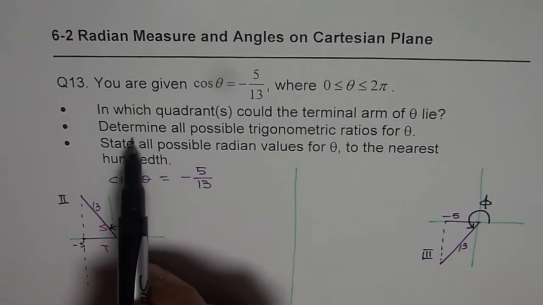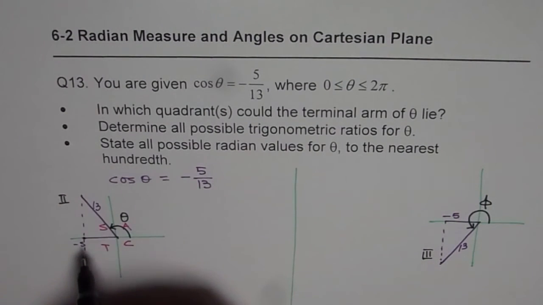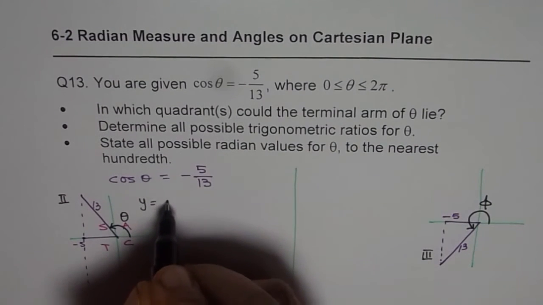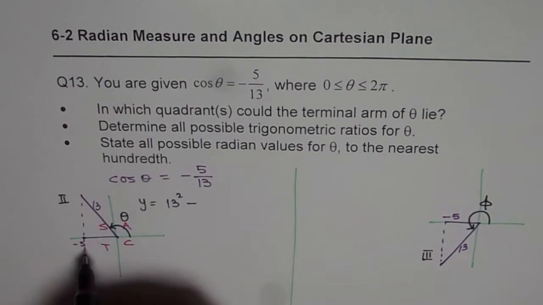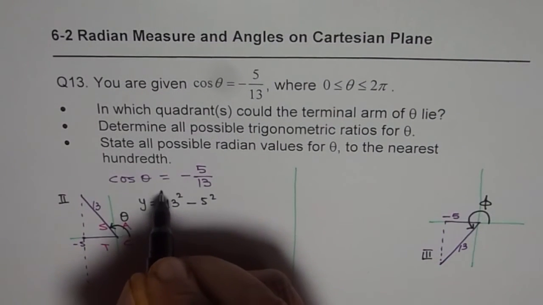Now the question is, determine all possible trigonometric ratios for theta. To find other ratios, we can find the y value, right? So the y value will be the square root of 13 squared minus 5 squared. You could write minus 5 and then square it.